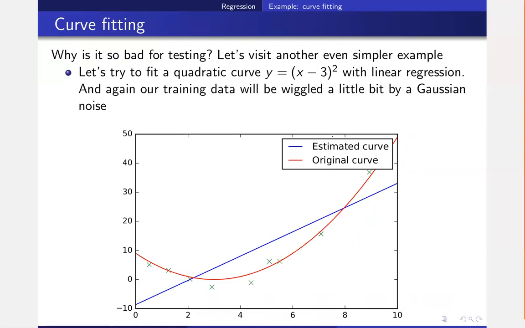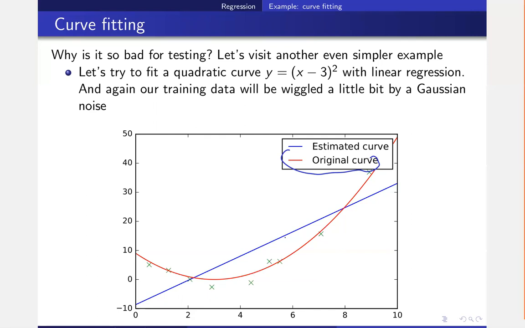Let me give another example to illustrate why we have overfitting, or where it comes from. Let's consider an even simpler problem. I have curve fitting here, right? This is the original curve, but I have sampled some data points on the curve, and my samples are noisy.